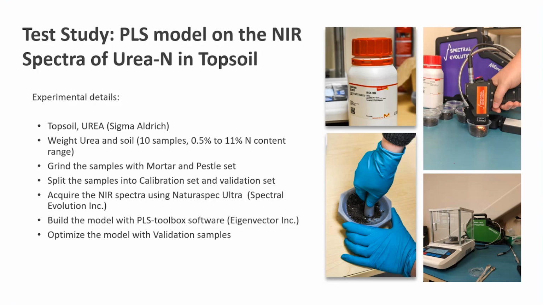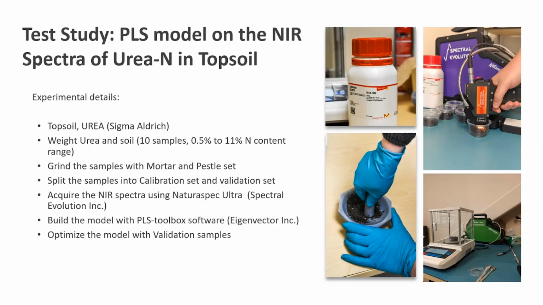So you don't want to have a model that's built on 0.5 to 11% and then have soils that have 30% nitrogen. It won't accurately be able to predict outside of the range. So we first used topsoil with a known nitrogen content and then added urea from Sigma Aldrich.